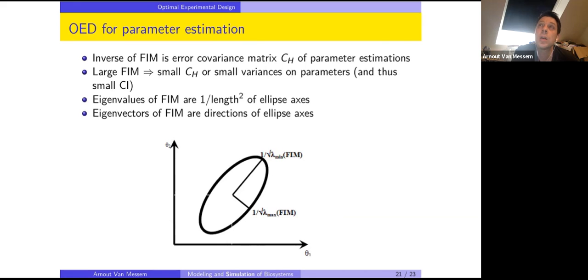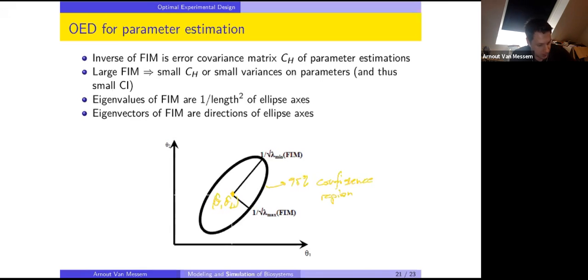But wait, are they the same for the single ones? No. So this is a 95% confidence region for your parameters, so this is your coupled theta1 hat, theta2 hat.